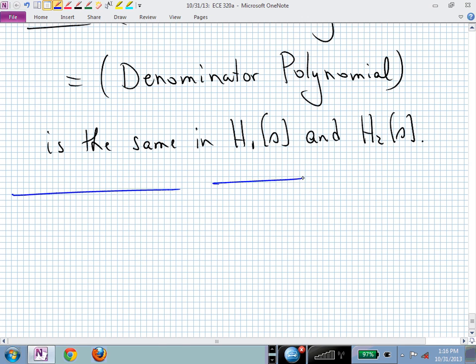Let's now write down some properties of transfer functions, knowing what we already know from earlier discussions.